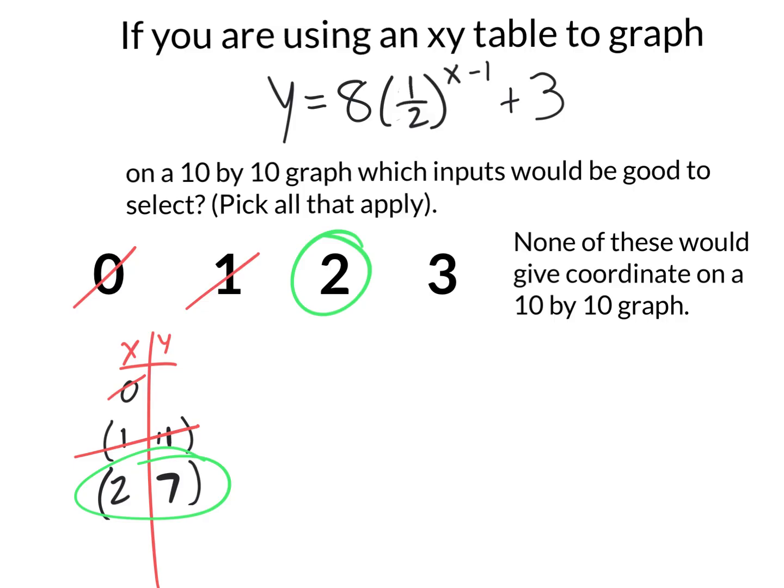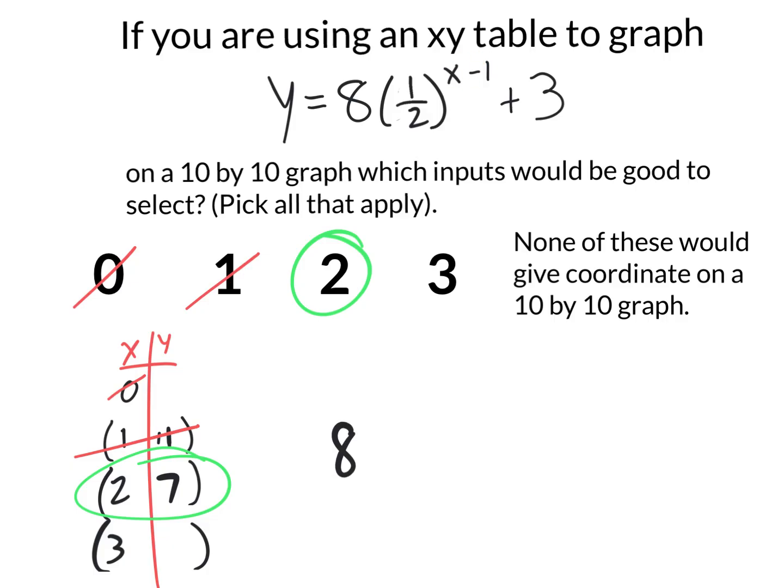How about 3 though? Will 3 also work? Maybe it's just the number 2, maybe it's 3. You could pick all that apply on this question on Whiteboard. So let's try 3. When you plug in a 3 up here, 3 minus 1 is 2.